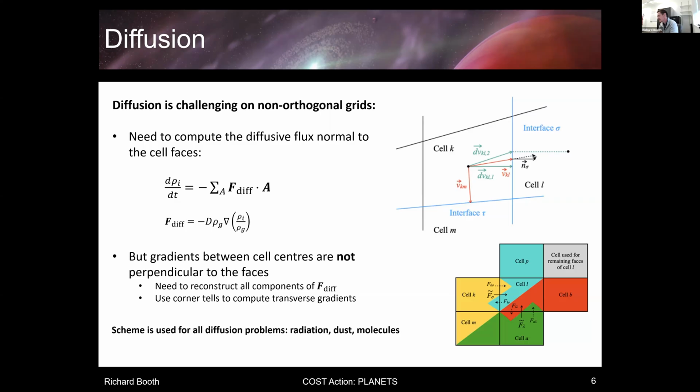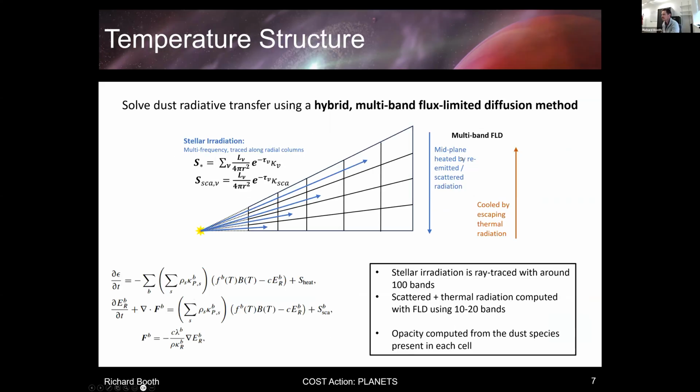But when factoring that in and implementing it, we get essentially very robust ability to compute diffusion. The same scheme is essentially used for anywhere we need to do diffusion. That's radiative diffusion, dust diffusion, molecules. So if you wanted to use the code and extend it and look at something else, you could use the framework that's already there.